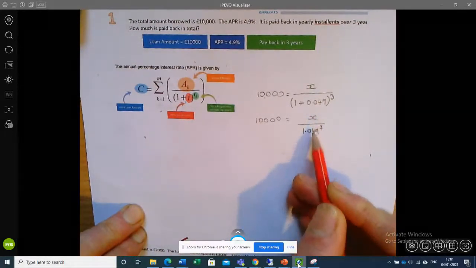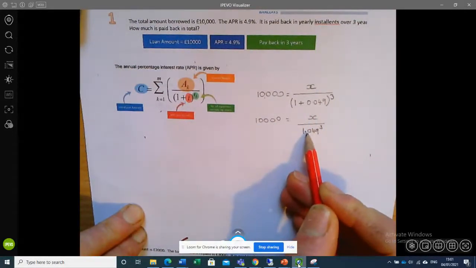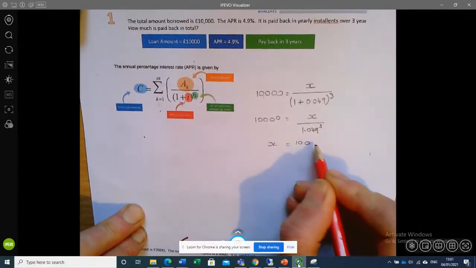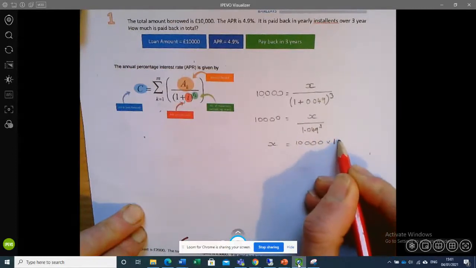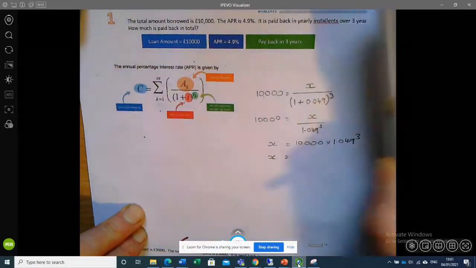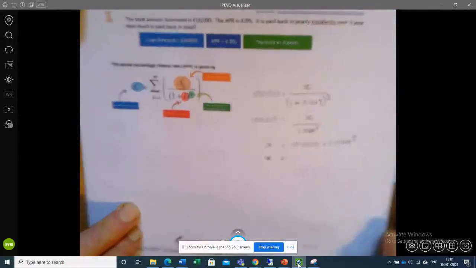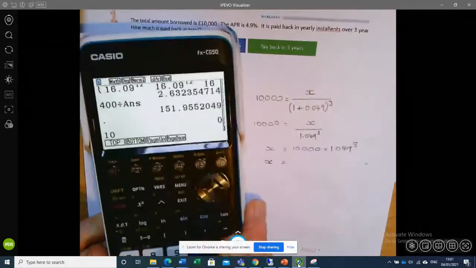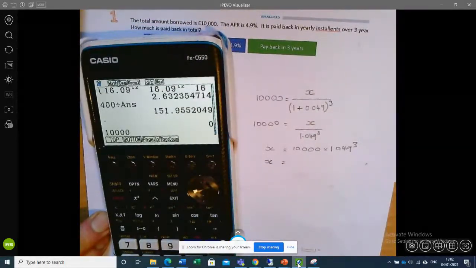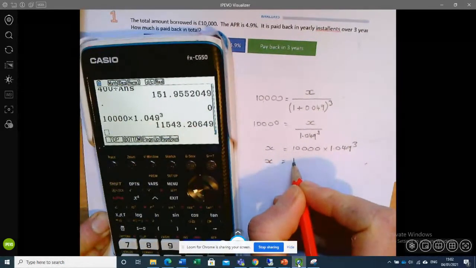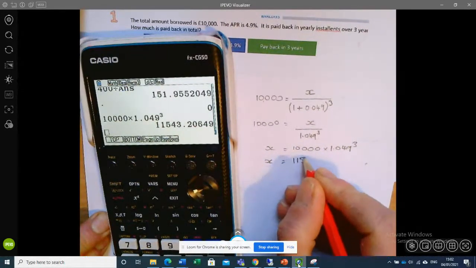We want to work out X, so we're going to multiply through by 1.049 to the power of 3. And then we can just tap that into our calculator to work out the total amount. Notice this is very much like a simple compound interest calculation type question.